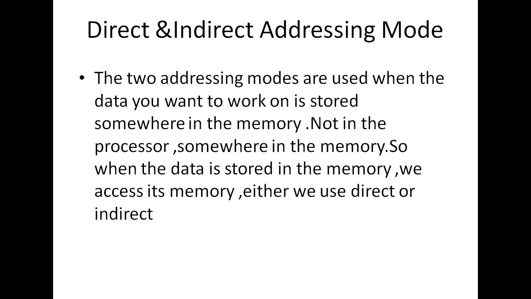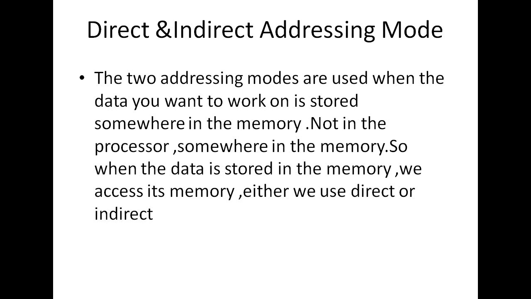But here in direct and indirect addressing mode, the data is not in the processor, it is somewhere in the memory. So memory is a different section from the processor. When the data is stored in the memory and you want to access it, you have to use either direct addressing mode or indirect addressing mode. Clear?